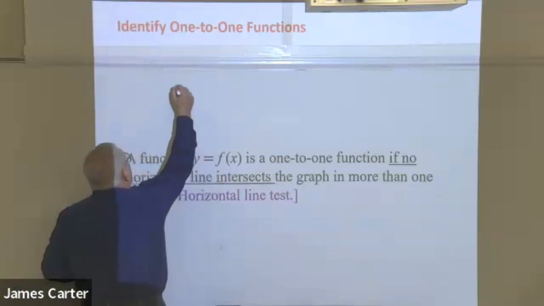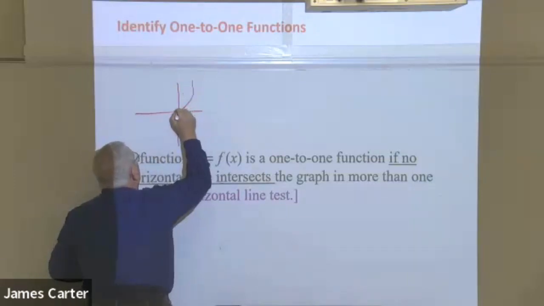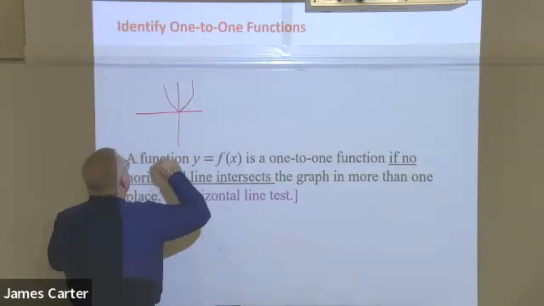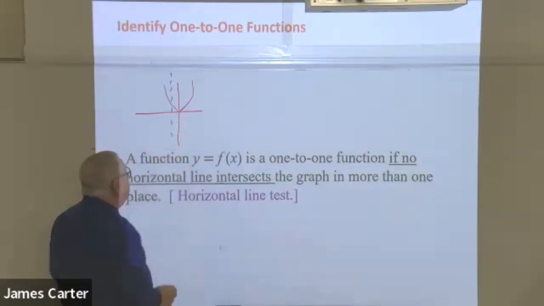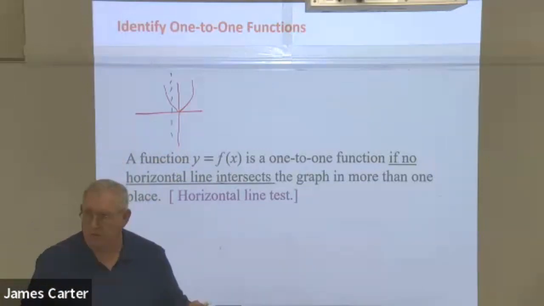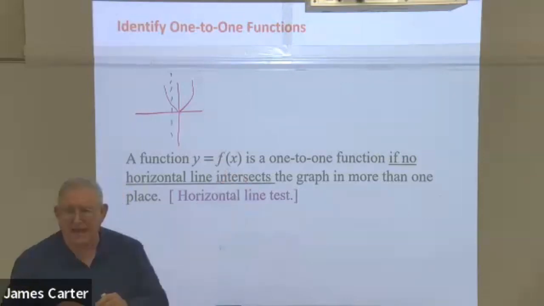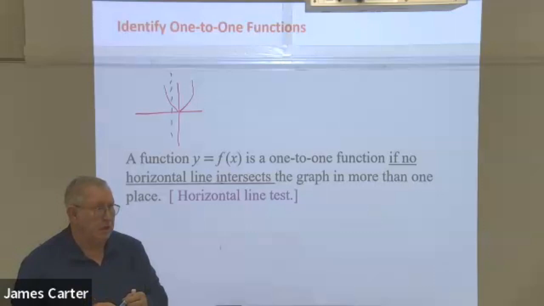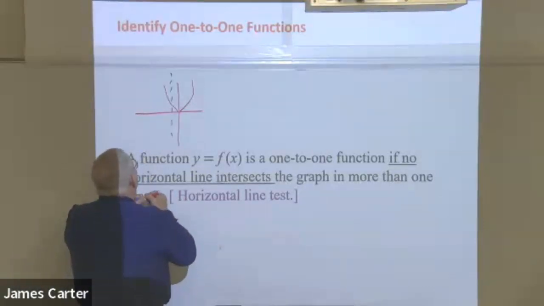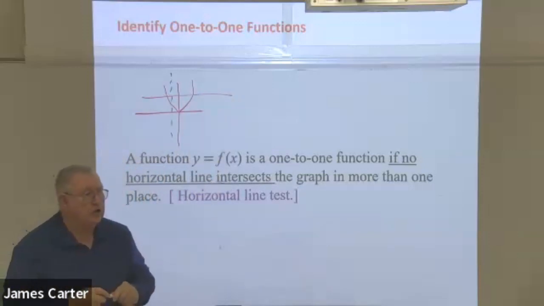Now, before, let's go back to my parabola. We had done the vertical line test to determine if it is a function or not. Correct? So this parabola is a function. But based on this rule, it is not a one-to-one function.